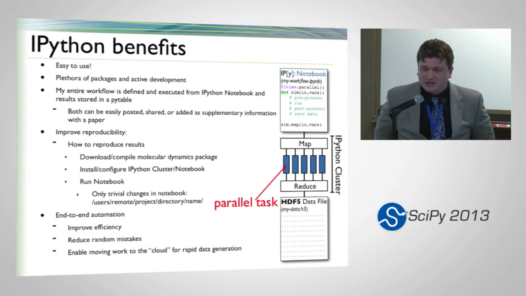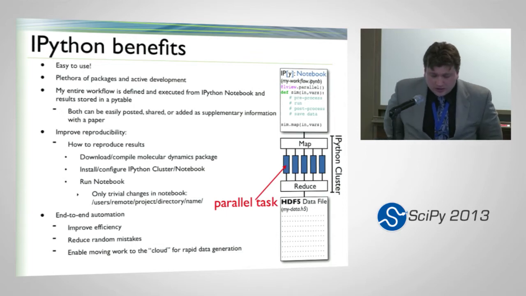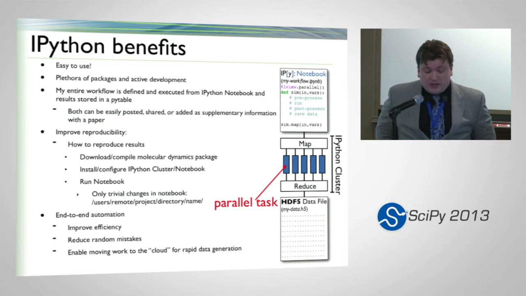Recently, I passed off an IPython notebook that I had made to do a certain test to one of our visiting undergraduates at NIST, and he was able to make minor changes and measure the same property in a different material. So I really like that it's easy to use, that there's a lot of packages available, and I like that my workflow is encapsulated in a single file.